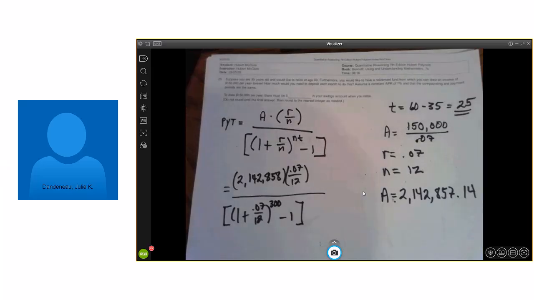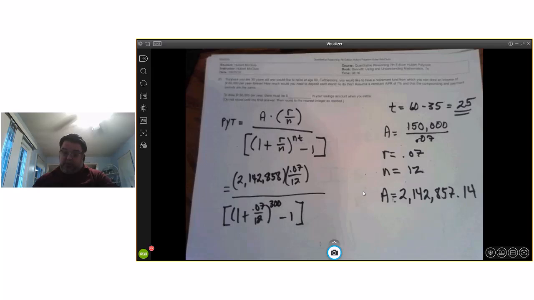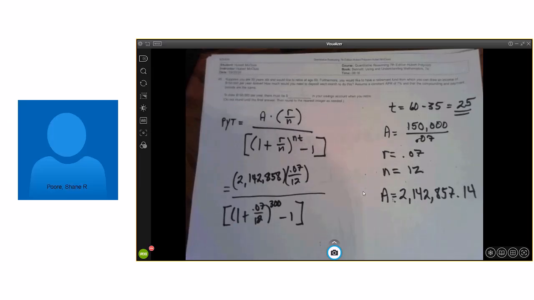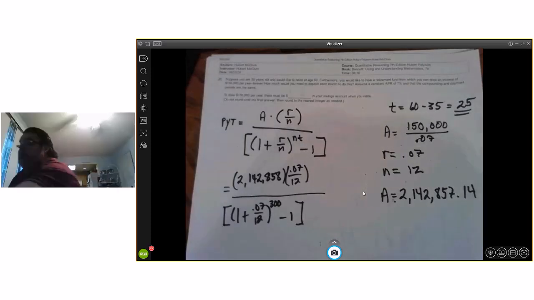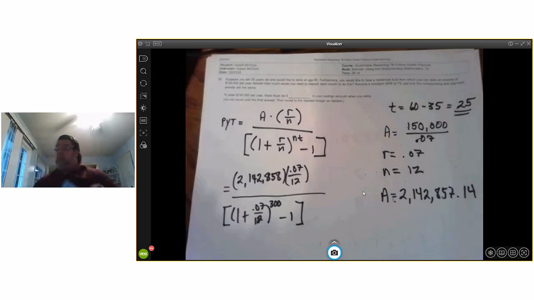I'm going to go ahead and work on it myself. Now, I'm going to use a different color to write down that 0.07 over N. I got 0.0058, blah, blah, blah.